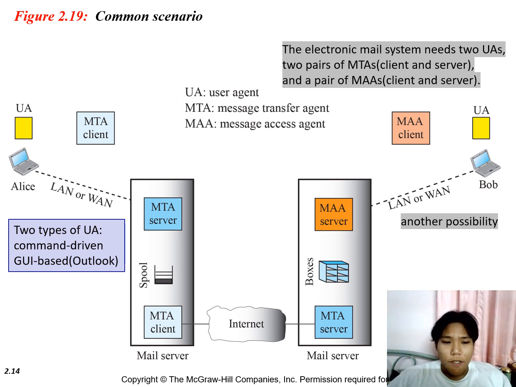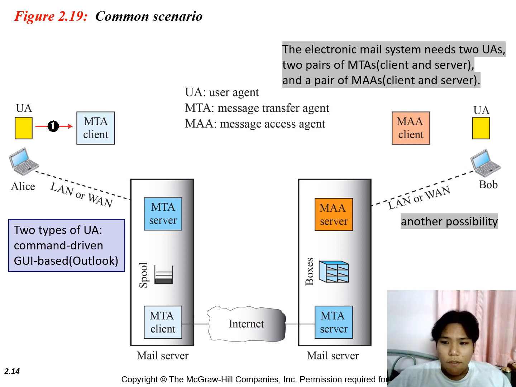So we have two UAs, or user agents, and we have our MTAs, or message transfer agents. For the explanation, we need two pairs of MTAs. This is the MTA client and this is the MTA server. And we have another pair of MTAs like this. And we need a pair of MAAs.